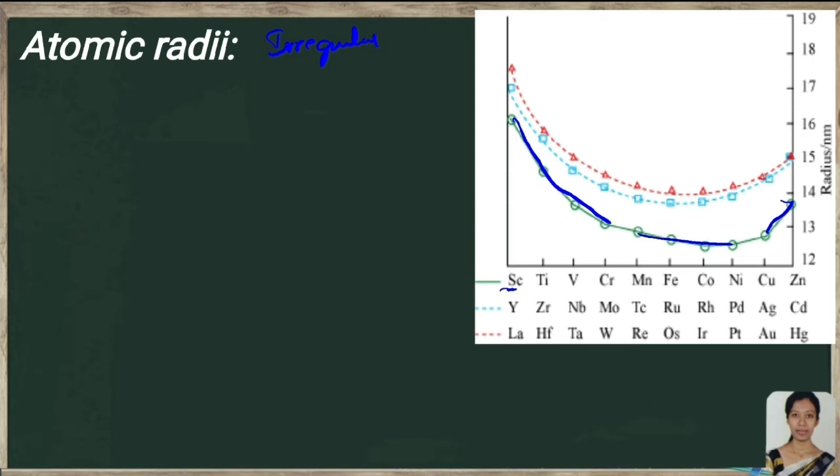But when we go down the group, we expect the atomic radii to increase. Going from 3d to 4d, the atomic radii increased, from 1.4 to 1.5, whereas from the 4d series to the 5d series it has not changed.